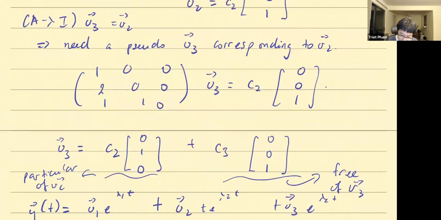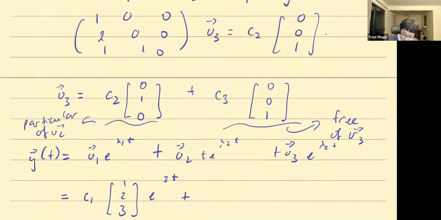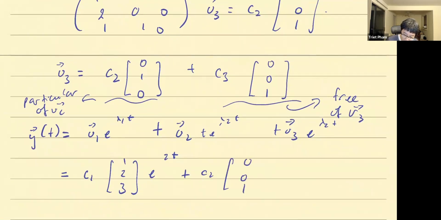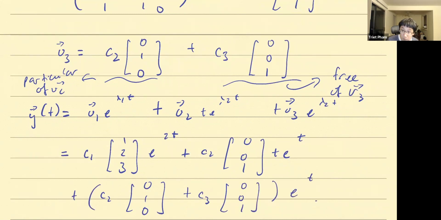My V2 is C2 times 0, 0, 1, t e to the t. And my V3: the eigenvector gets the t.